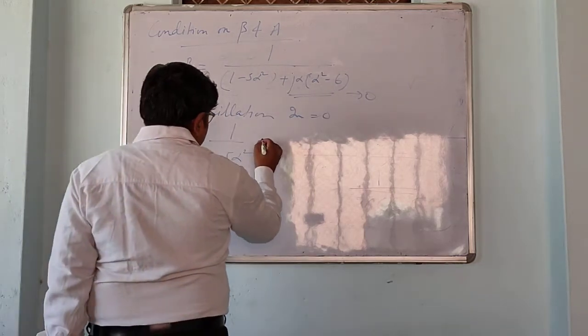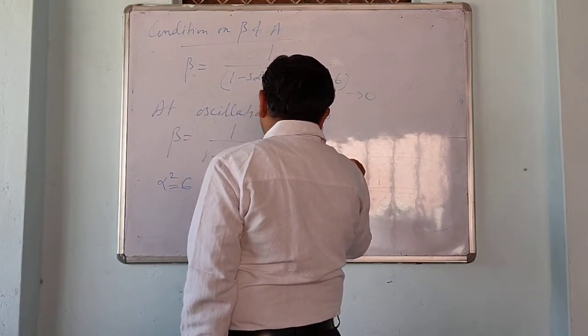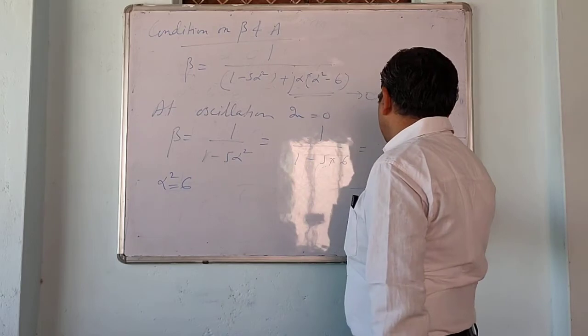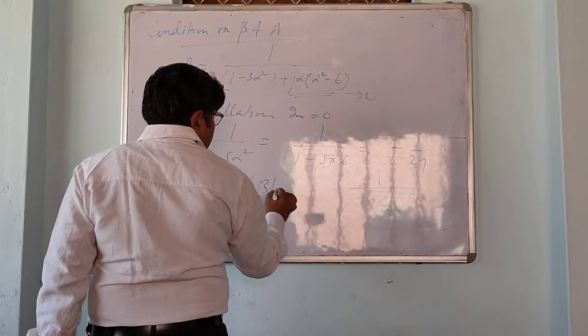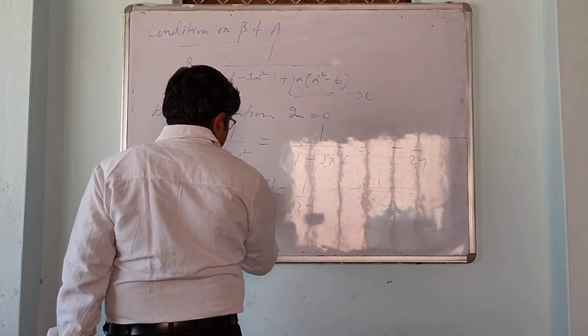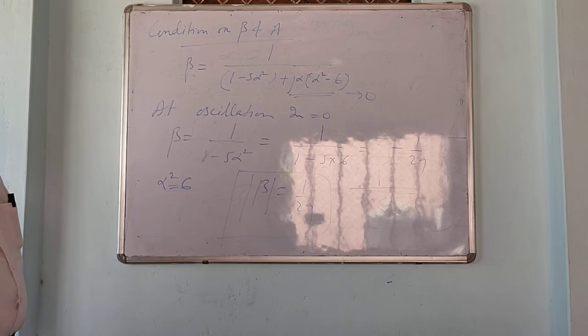Therefore you can write 1 minus 5 into 6, that is minus 29, so beta is minus 1/29. So the magnitude of beta is 1/29. This is the value of beta.